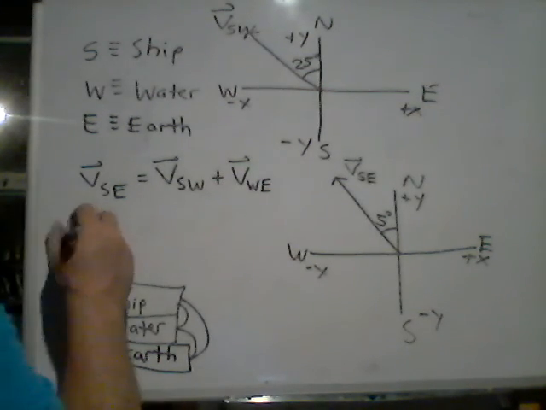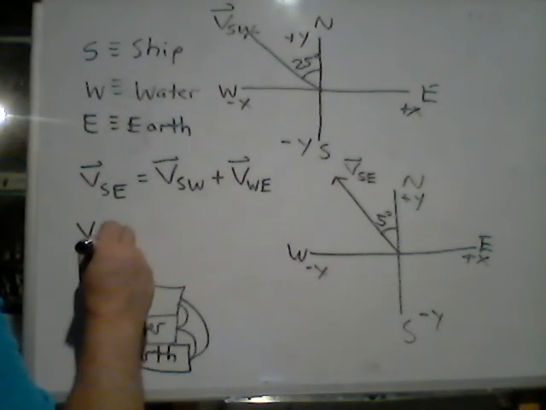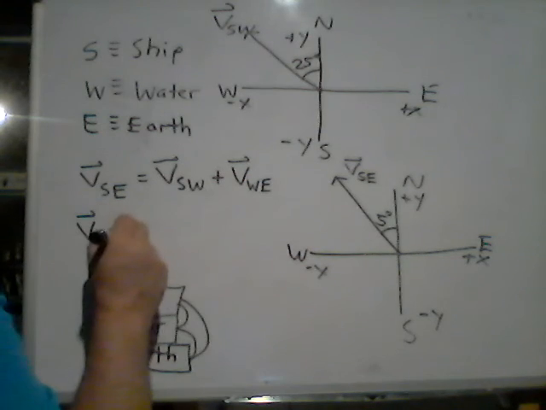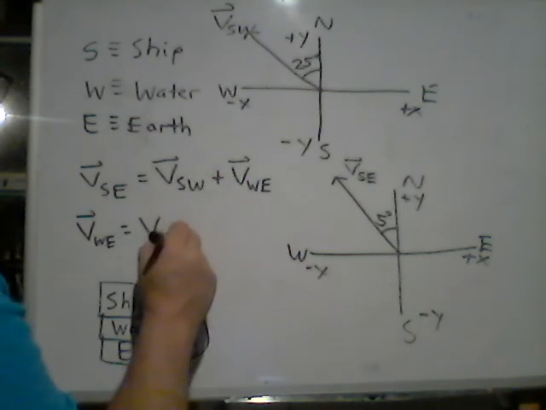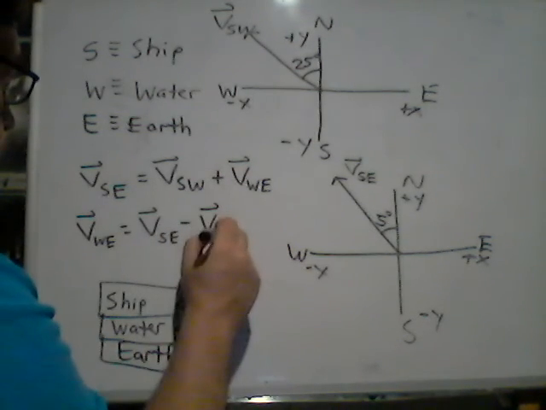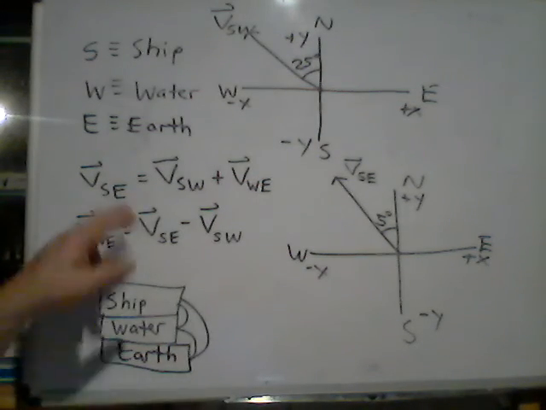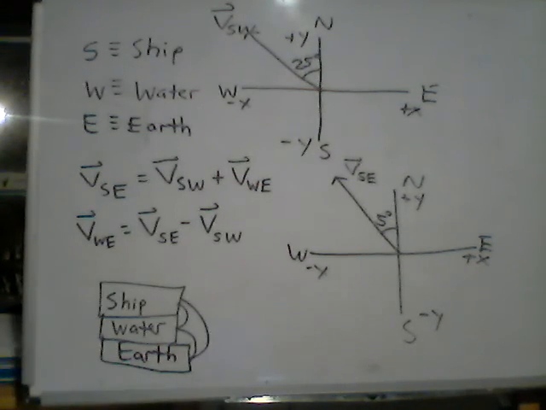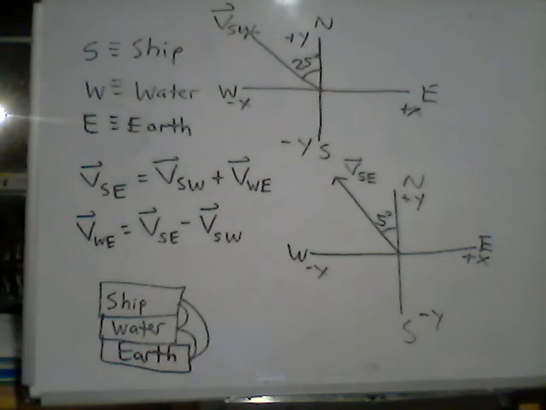So I rewrite the equation as the velocity of the water with respect to the Earth is going to equal the velocity of the ship with respect to the Earth minus the velocity of the ship with respect to the water. All I've done is subtract. And so this is the equation that I really want to look at.